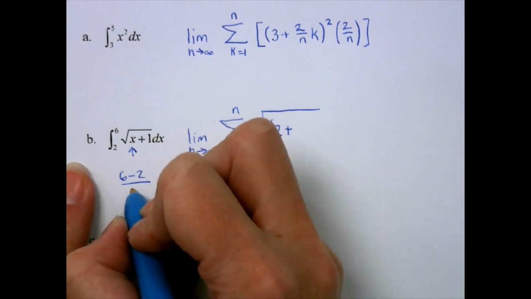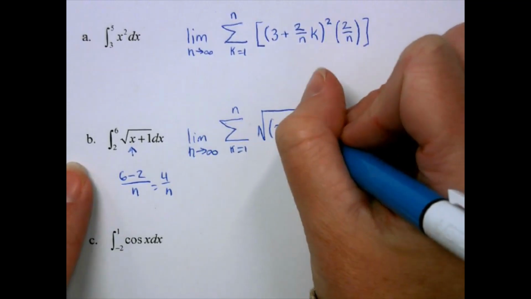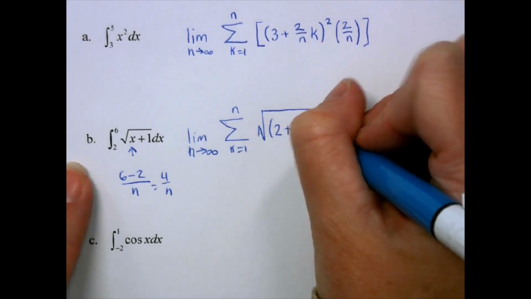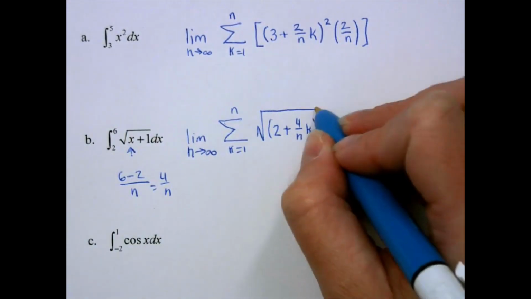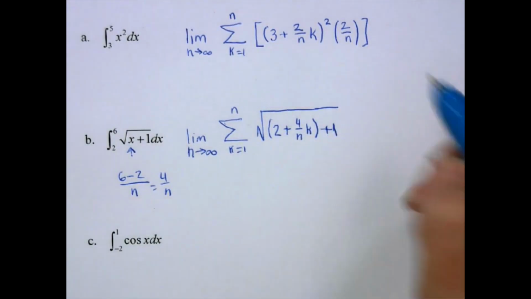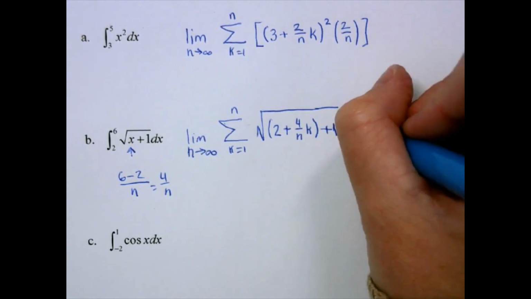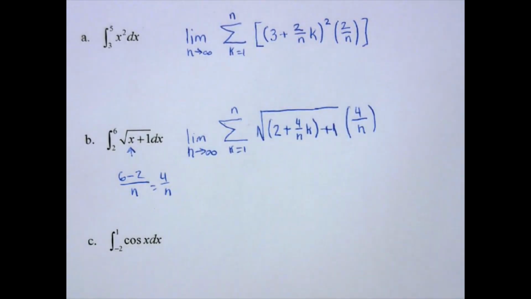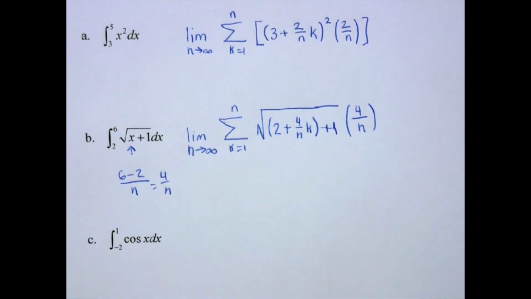So we're going to add 4 over n k times plus the 1, times the widths of our rectangles, which are that 4 divided up into n pieces, because we're going a total distance of 4, we are breaking it up into n different rectangles.